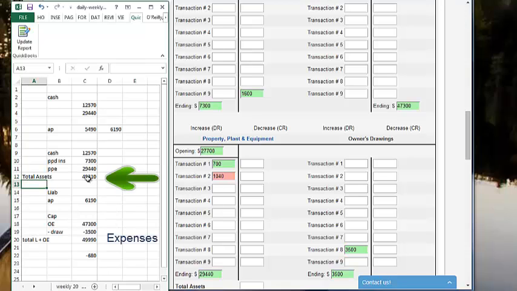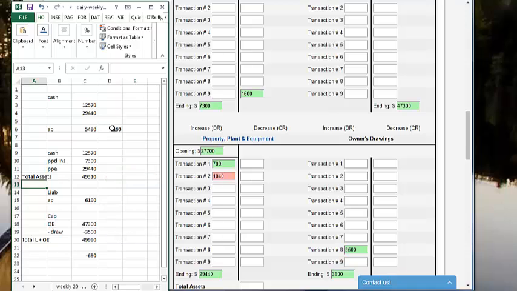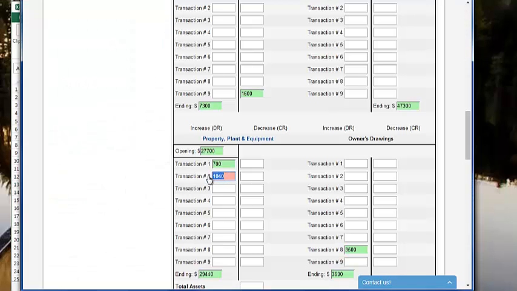And these two have to be identical. Okay. Transaction number 2 is wrong, because that 1,040 belonged to transaction 5, not transaction 2. Got to be careful.